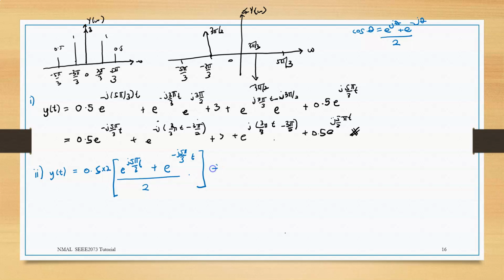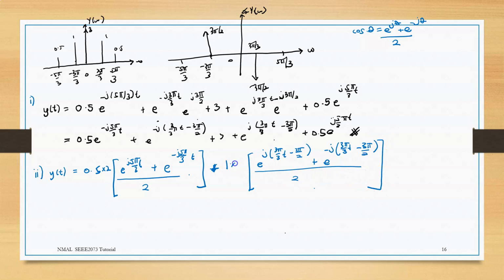And then plus, you take the n equal to 1 here. This is 1. So this is exponent j 3 pi over 3t minus 3 pi over 2 for the positive part, and for the negative part, exponent negative j 3 pi over 3t minus 3 pi over 2. Again, because you want to divide by 2 here, you have to multiply by 2, and finally you have to plus 3.